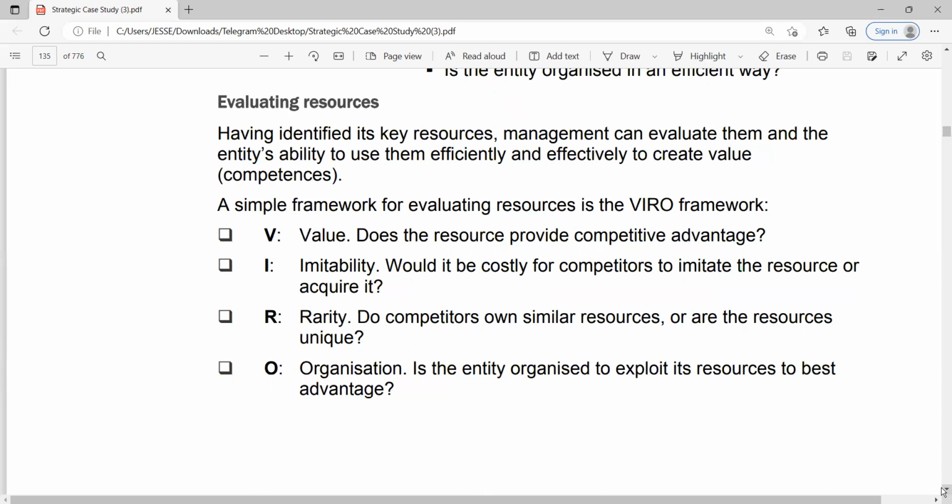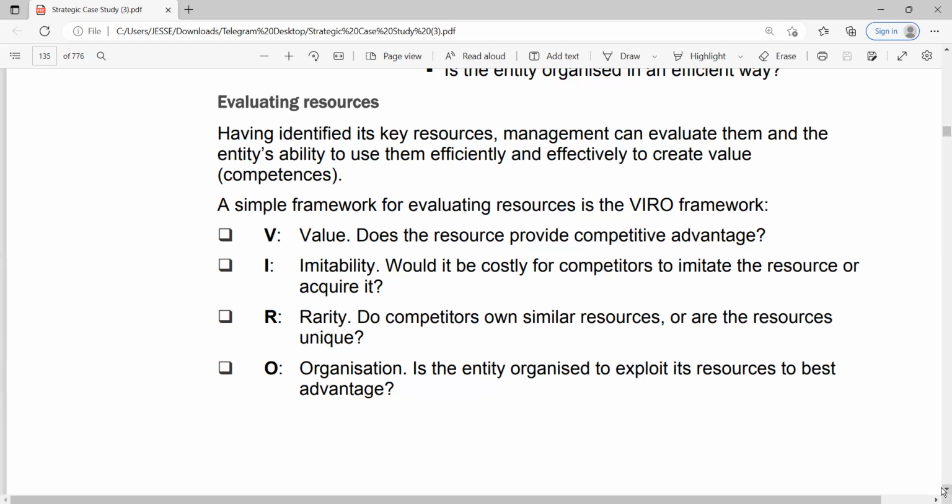So VRIO simply means, the V means value, I means imitability, R means rarity, and O means organization. So four pillars of this framework: value, imitability, rarity, organization. So what's value?